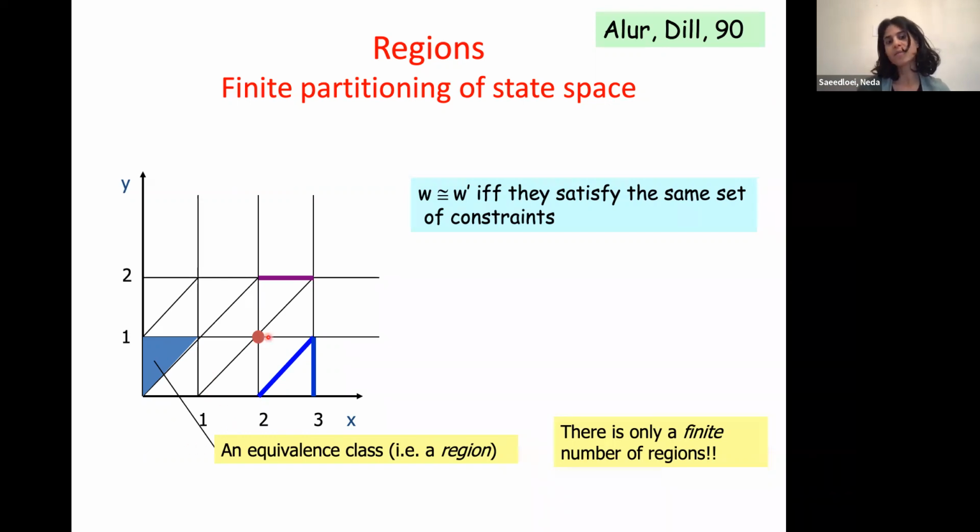Therefore, this particular equivalence class or this particular region has only one valuation inside it. Another example is this straight line here, when the value of clock X is between 2 and 3, and the value of clock Y is exactly 2.